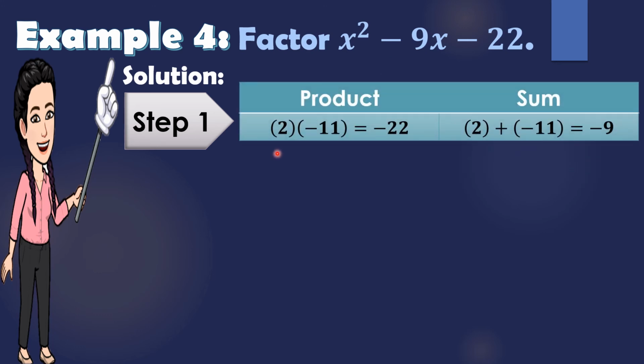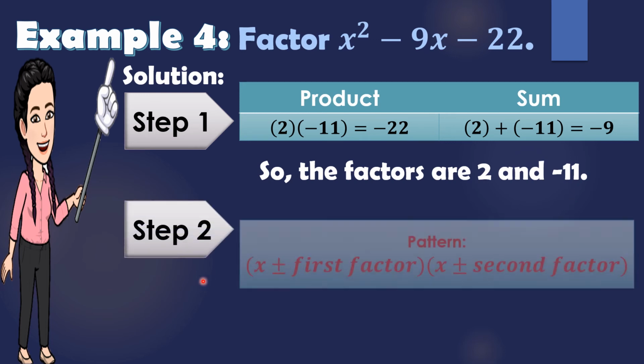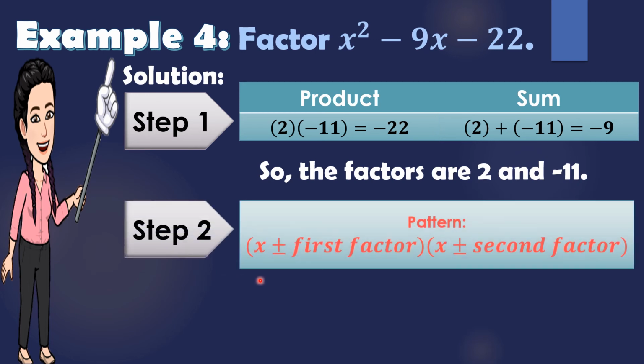Tama. We have 2 times negative 11 equals negative 22. And for the sum, 2 plus negative 11 is equal to negative 9. So the factors are 2 and negative 11. Then, apply this pattern.